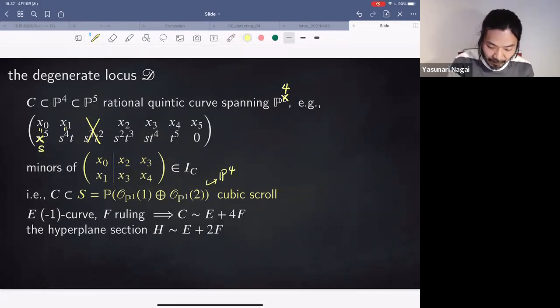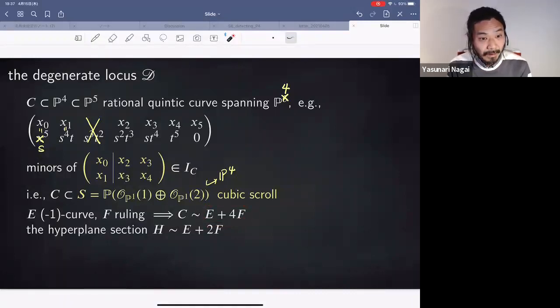And if I denote the -1 curve on this cubic scroll by E, then it is easy to verify that this quintic curve is in the linear system of E plus 4F. F is the ruling of the cubic scroll. On the other hand, the hyperplane section H is given by E plus 2F.